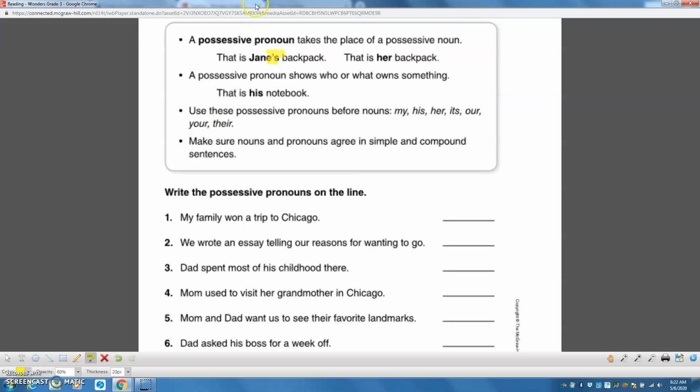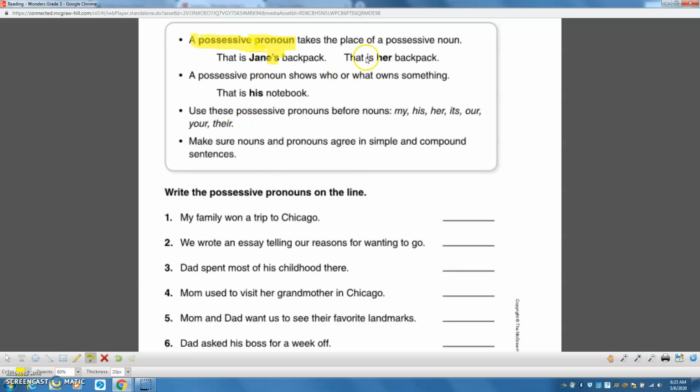So now we're going to talk about that same thing, but with pronouns. Okay, when we use a pronoun, that replaces the noun. So we have the noun Jane. We're going to replace that with a pronoun, but it has to be a pronoun that shows that it is possessive, that something belongs to it.